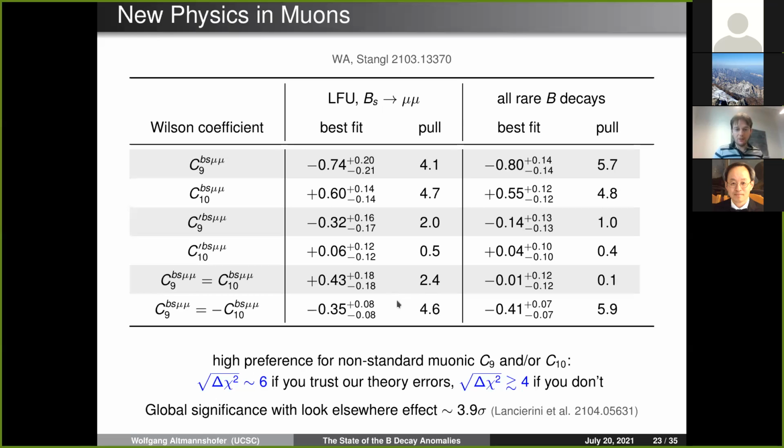But what I would like to stress in this context is that these pull values, you shouldn't confuse them with absolute significances of those anomalies. When one tries to do that, one has to take into account, for example, a look-elsewhere effect, because there are many measurements that one is looking at.